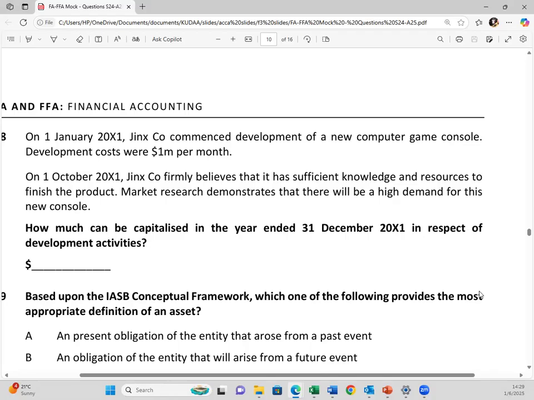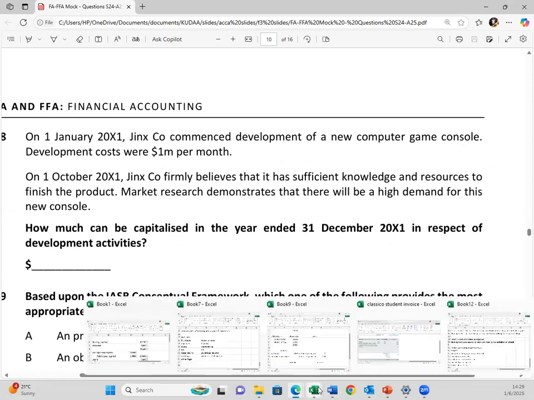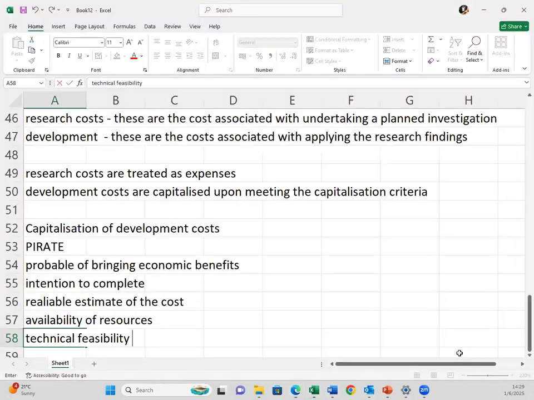So it means you're going to capitalize for October, November, December. So we are capitalizing for how many months? 3 months. And the cost was 1 million per month. So the amount you're going to capitalize becomes what? 3 million.